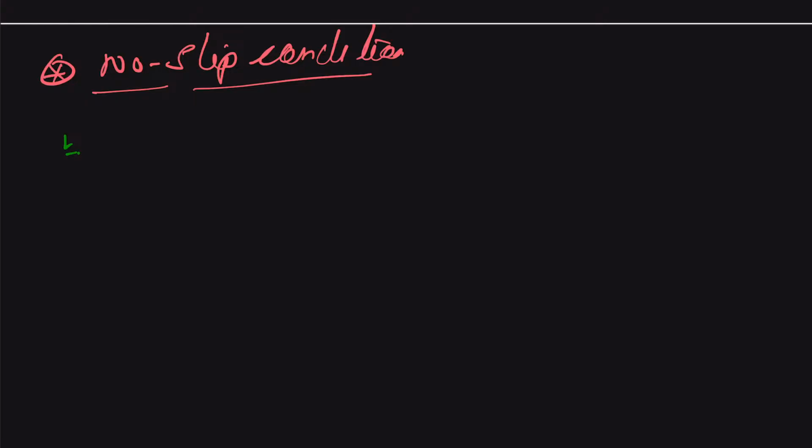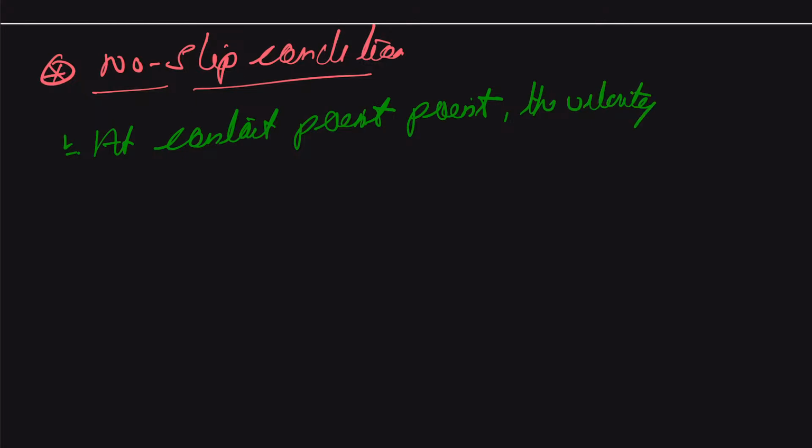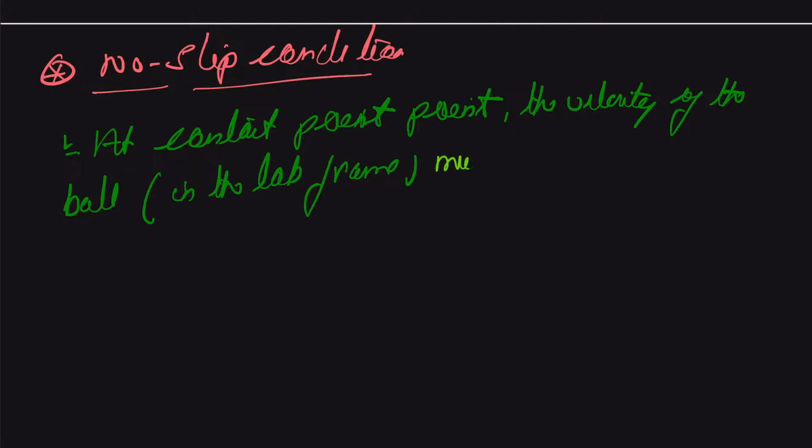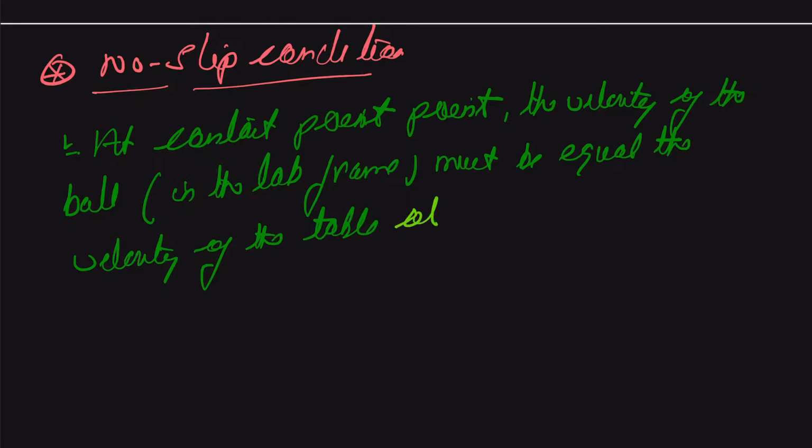Therefore we can say that at the contact point the velocity of the ball, and remember this is in the lab frame, must be equal to the velocity of the table at the same point.